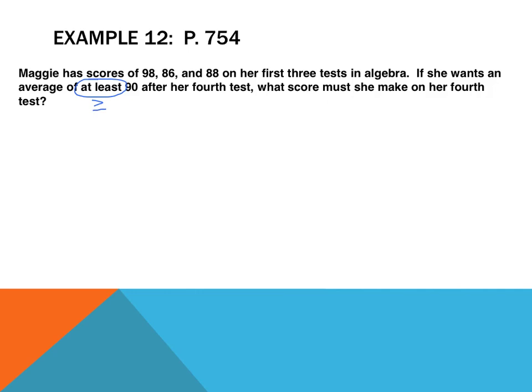Okay, so to start writing our equation, we first need to think about what it means to average. If you're finding your average, you're adding up all your scores and then dividing by however many scores you have.